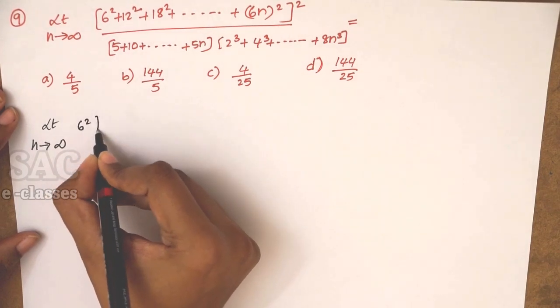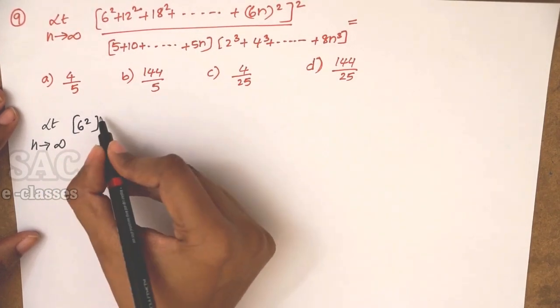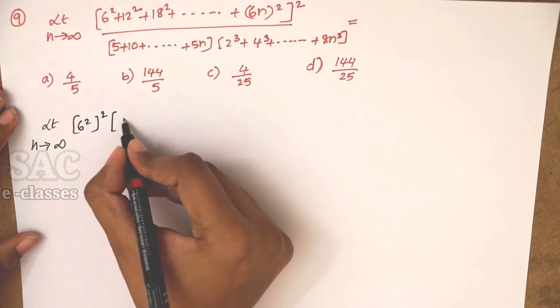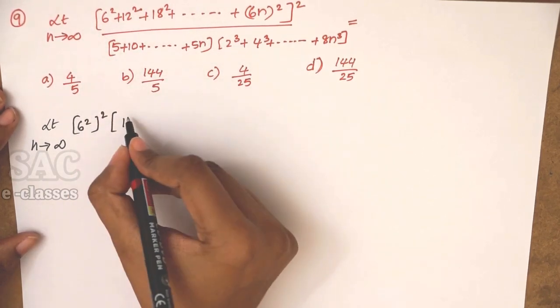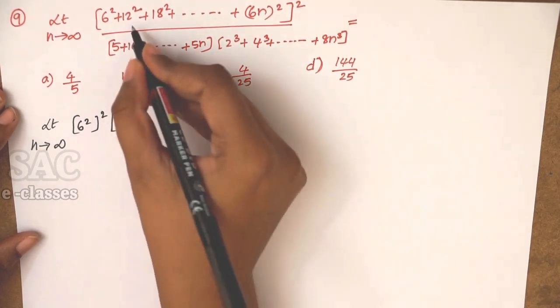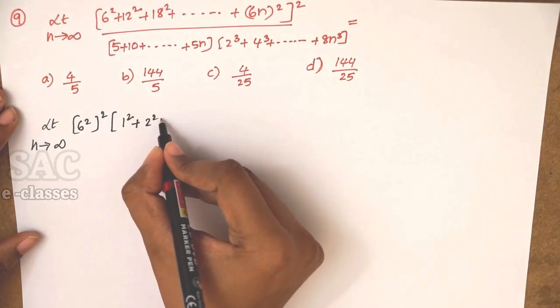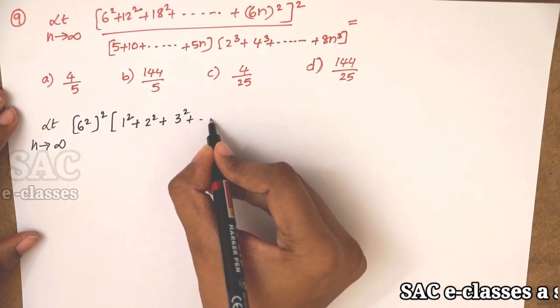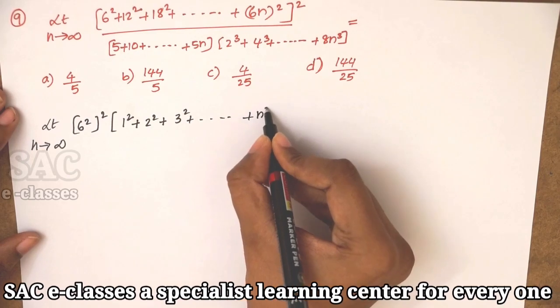Let me take 6 square as common, whole square. So we know that after taking 6 square out common, from 6 square will be 1 square. From 12 square, 2 square will be left over. From 18 square, 3 square will be left over. And so on, plus n square will be there.